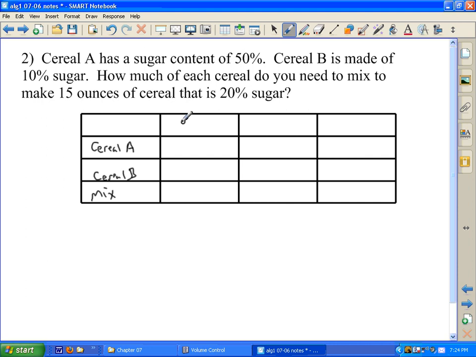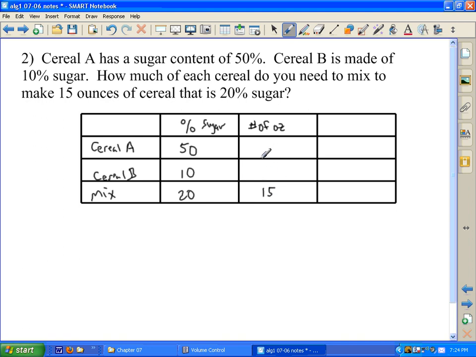So let's make our column for percent sugar. And we know that cereal A is 50% sugar, cereal B is 10%, and our mix we would like to be 20%. We also want 15 ounces of the new cereal, so number of ounces. We want to end up with 15 ounces here.